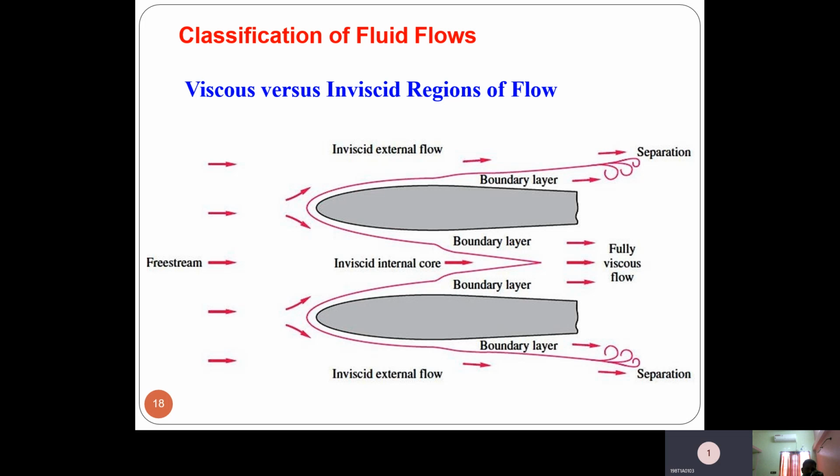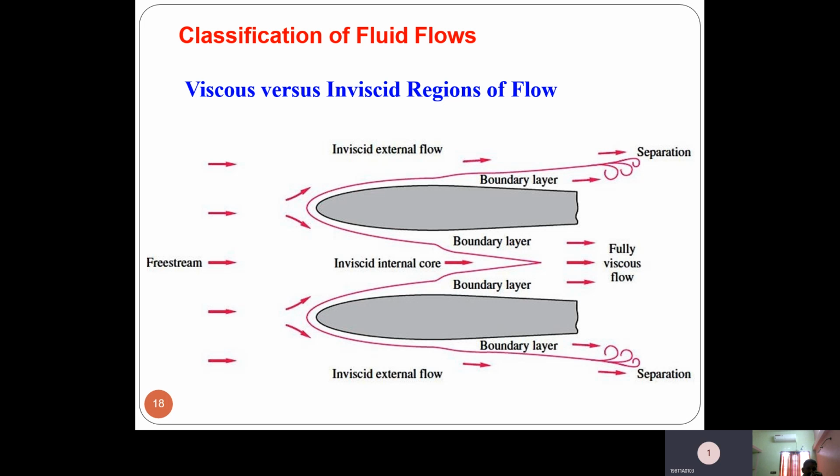See, this is the boundary layer. The boundary layer is the layer formed by the fluid nearer to the boundary of the solid object, nearer to the boundary of the solid surface. Away from this, external to this boundary layer, the frictional resistance is negligible. Within the boundary layer, there is viscosity.